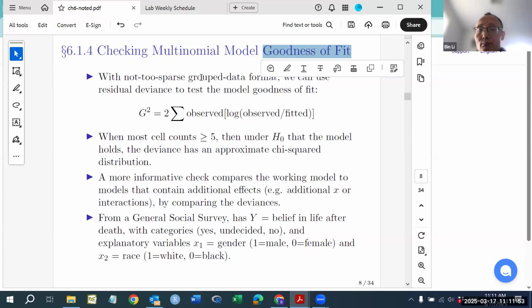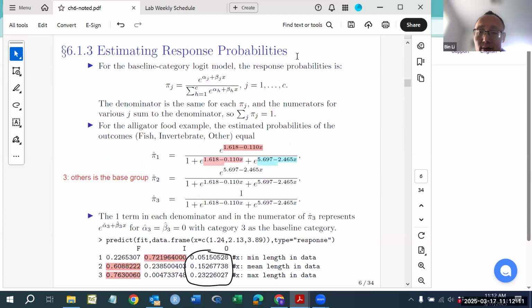With a not too sparse grouped data format, as I said, the goodness of fit test is useful mainly for the grouped data format. If we have some X which is continuous, like here, then we cannot really use the goodness of fit test.